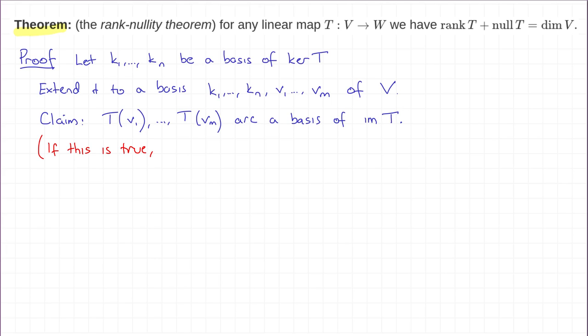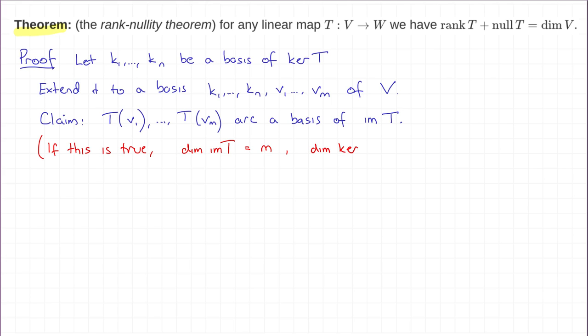Well, if that's true, the dimension of the image of T, that is the rank of T, is going to be equal to m, since we have a basis T of v1 up to T of vm of size m.